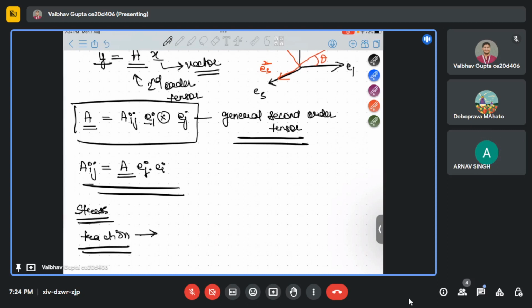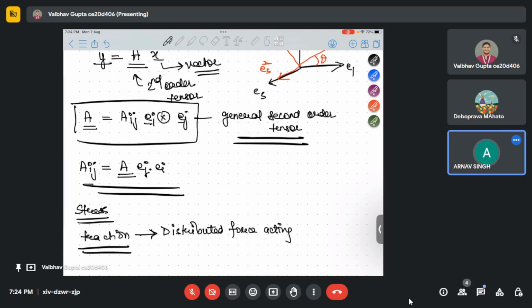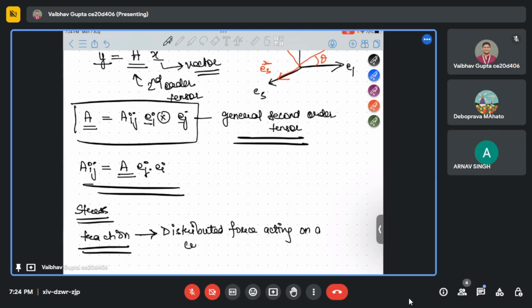And traction is nothing but a distributed force acting on a cut surface or a boundary surface.